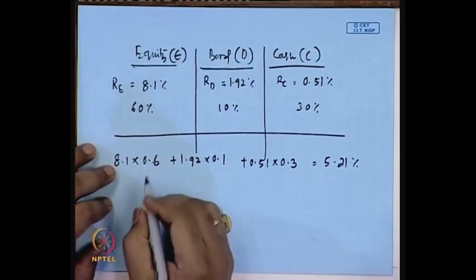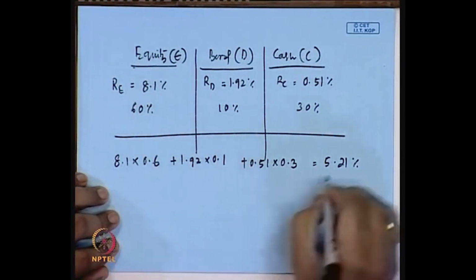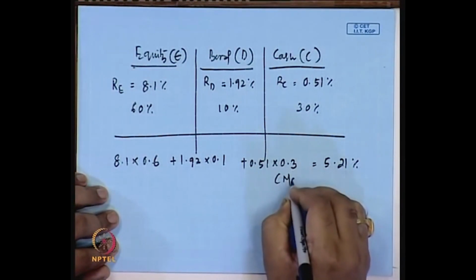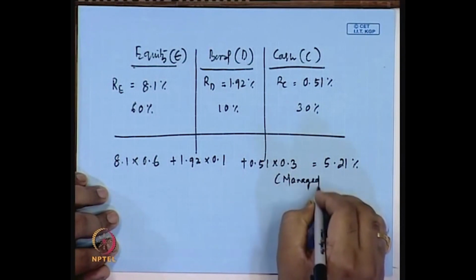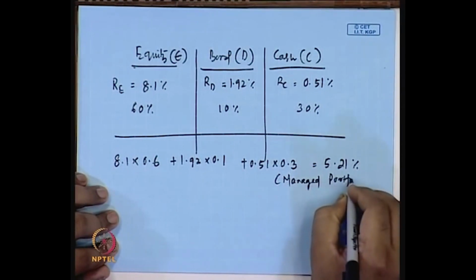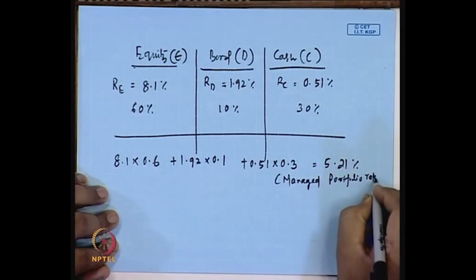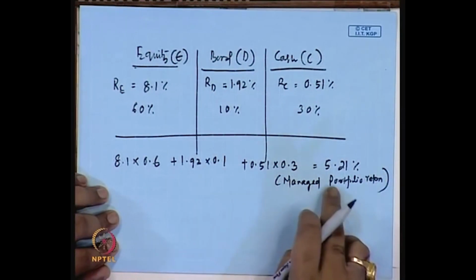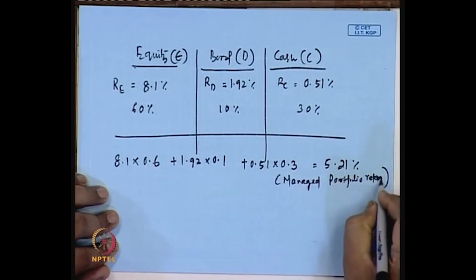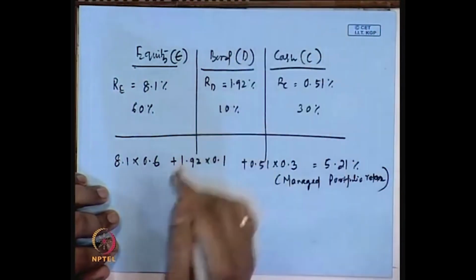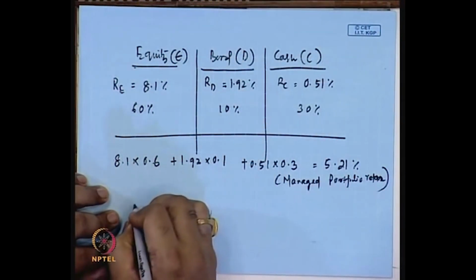So the excess return we get: this is your managed portfolio return. The managed portfolio return is giving 5.21% and your benchmark index is giving 3.26%.